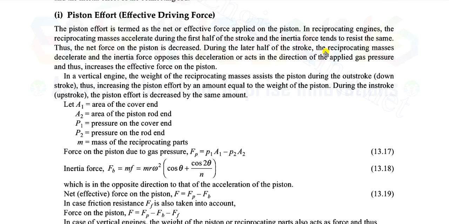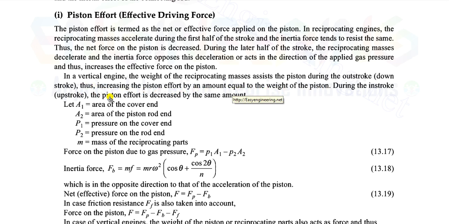During the later half of the stroke, the reciprocating mass decelerates, and when it decelerates, the inertia force will oppose the deceleration and it will act in the direction of the applied gas pressure and thus increases the net force on the piston. In a vertical engine, the weight of the reciprocating mass will also count, because the mg effect will come on the piston during the outer stroke, thus increasing the piston effort by an amount equal to the weight of the piston.